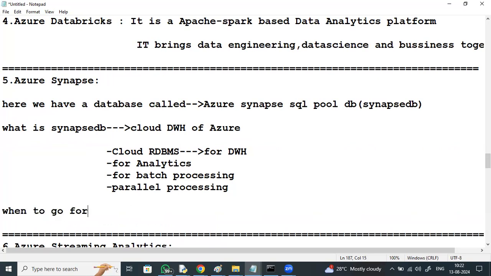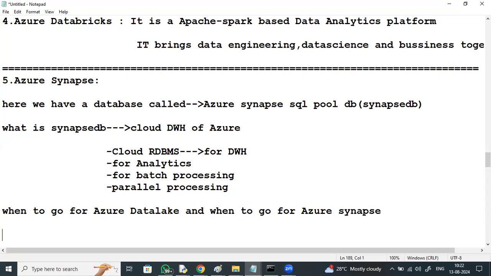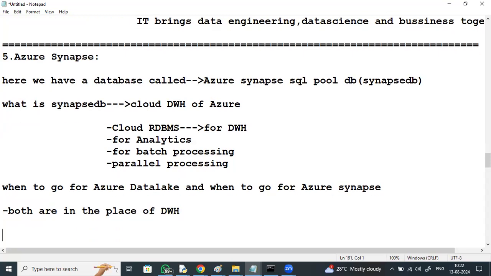When to go for Azure Data Lake, and when to go for Azure Synapse? See, both are in the place of data warehouse. When to go for Azure Synapse?